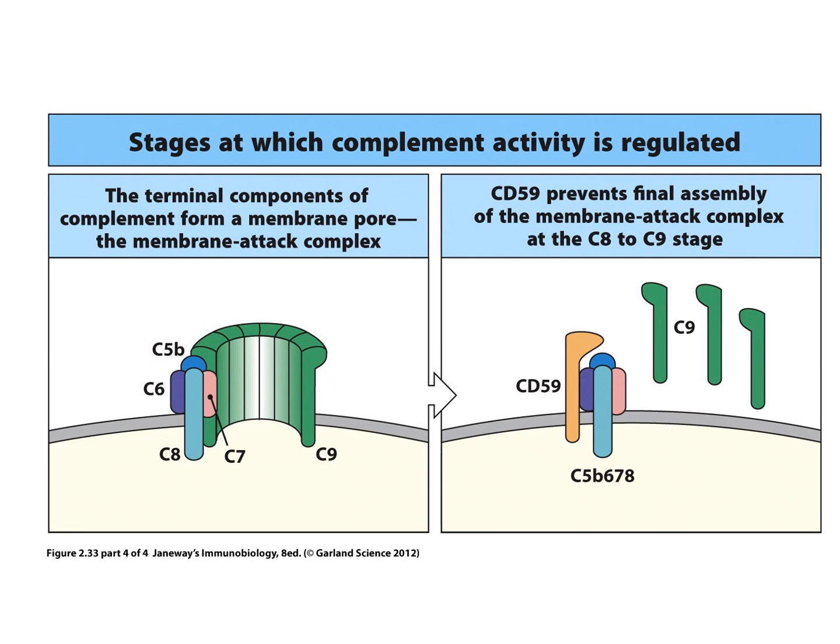It is a proteoglycan motif, a sugar protein on the surface of all of our cells that will then interfere with the 5b, 6, 7, 8 complex. C9 dissociates and will actually be removed from the membrane.